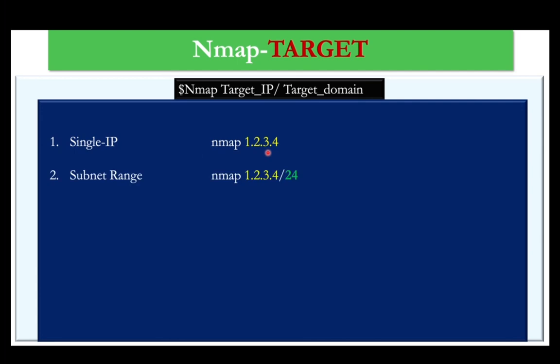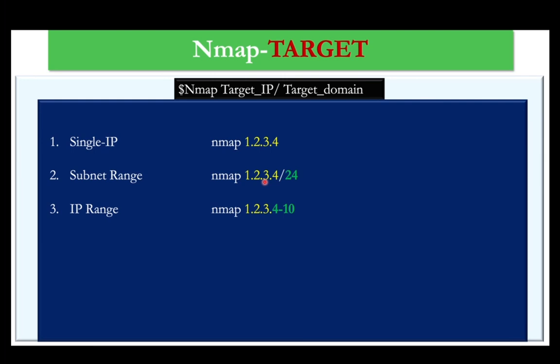Or it can scan an entire subnet range, meaning all the hosts on that particular network. Or scanning can work on IP ranges, only selected targets.